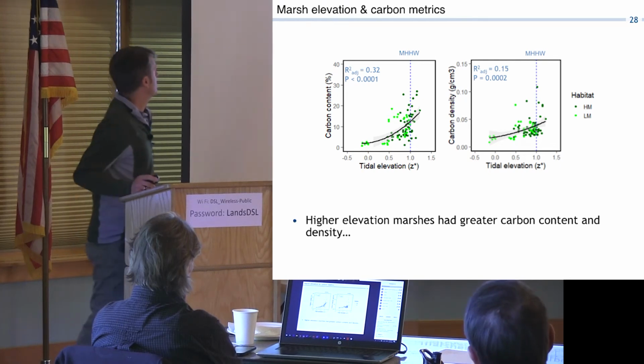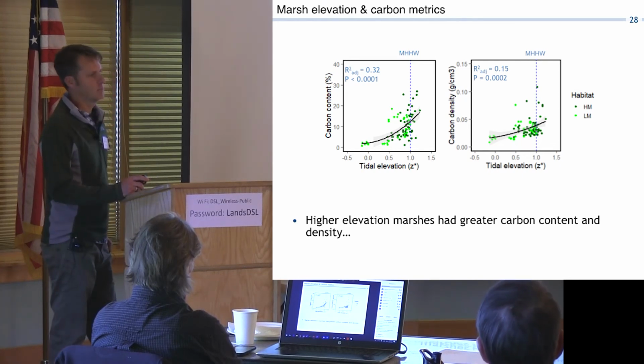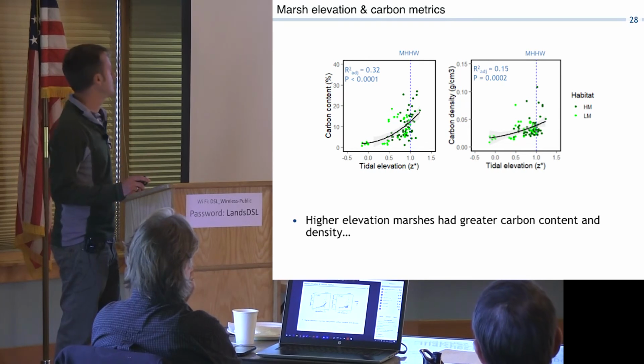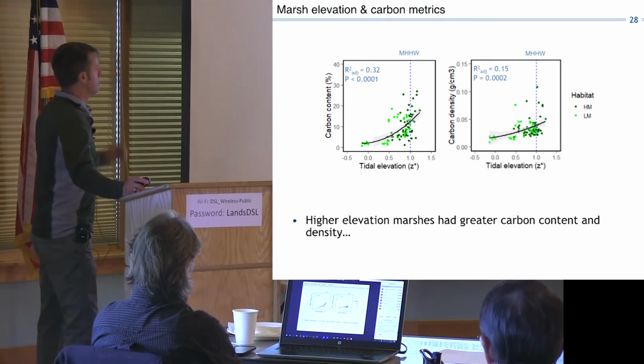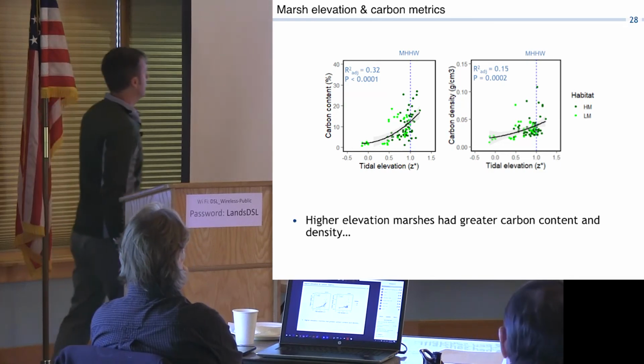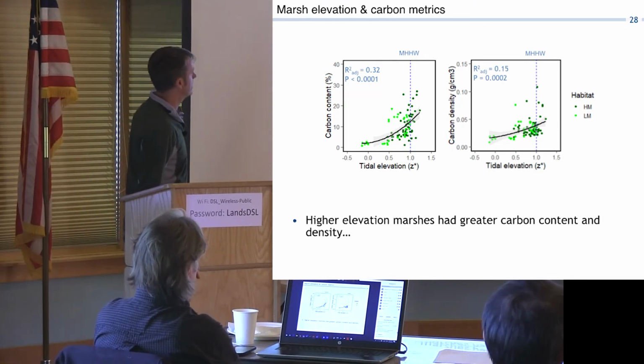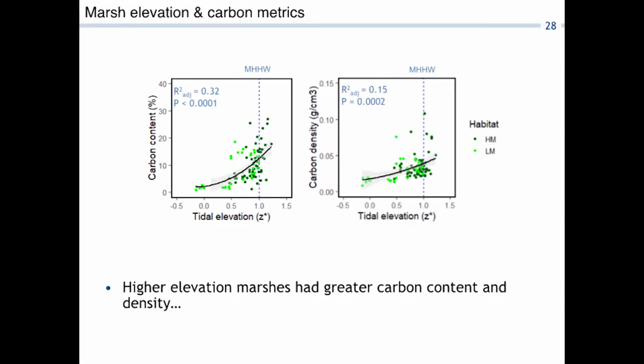These are the relationships between the standardized marsh elevation Z-star and some of the metrics of carbon in the sediments. On the left is carbon content with our tidal elevation. The dashed line is 1, so this is mean high water. Most of our sites were actually below mean high water.